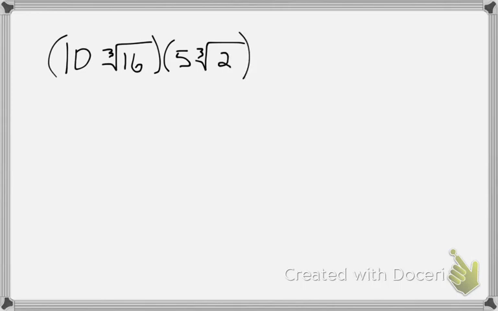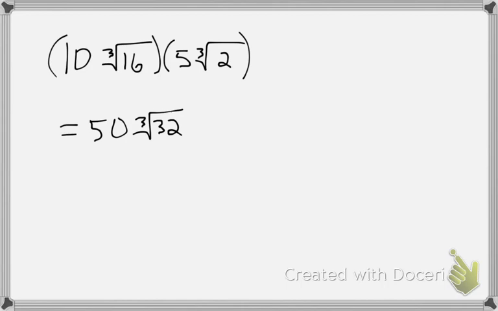What if I wanted to multiply 10 cube root of 16 times 5 cube root of 2? All right. We got 50 cube root 32. Everybody on board with that?